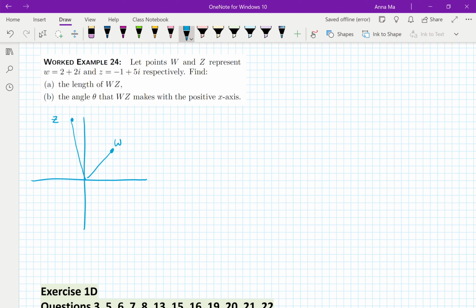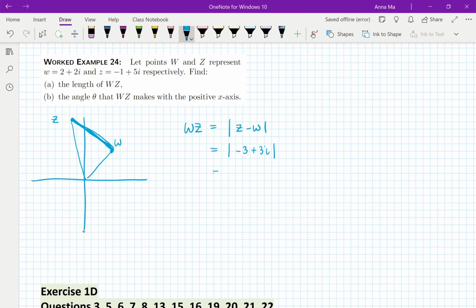If we have to find the length of WZ, then we are going to have to look at this length, which, as we said before, the length of WZ would be the modulus of Z minus W. And if you subtract the coordinates, you can see that it's going to be -3 plus 3i.